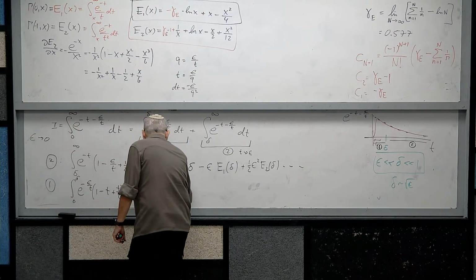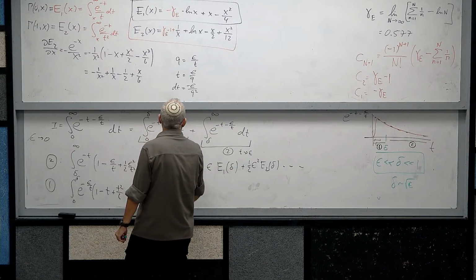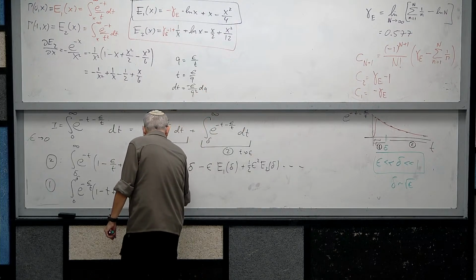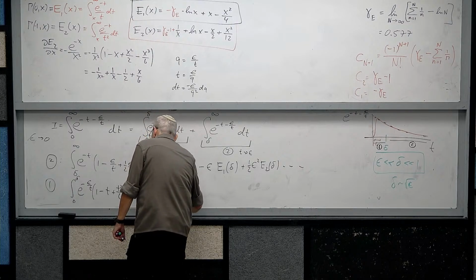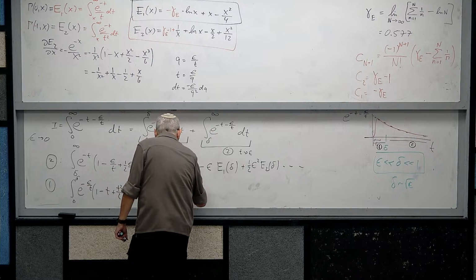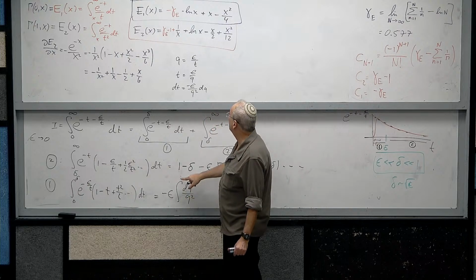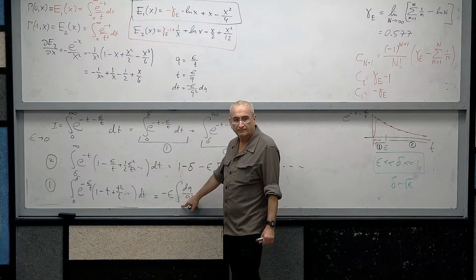So I would like to write the integral over dq, with minus epsilon in front of the integral, minus epsilon, integral over dq over q squared. Now what about the boundaries?